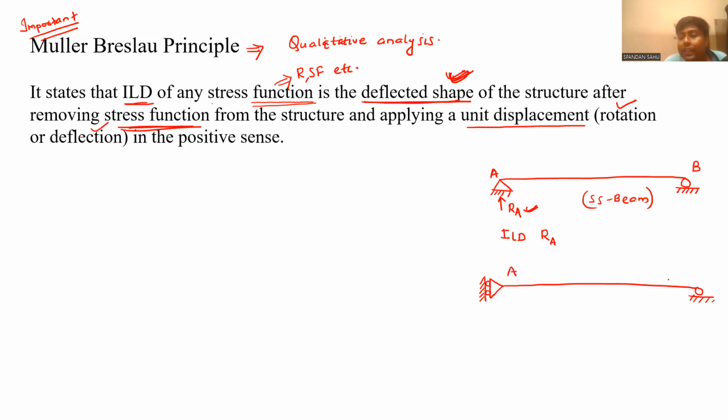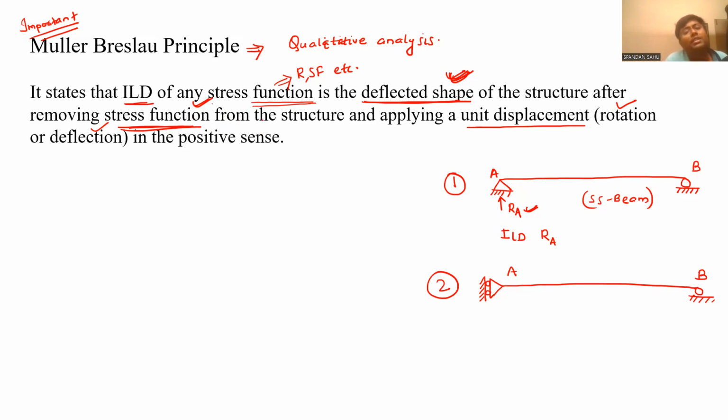So this point is A, this point is B. This is figure 1, this is figure 2. Now we have removed the stress function, that is RA. There is no restraint along the vertical or upward movement. It can move upward directly.